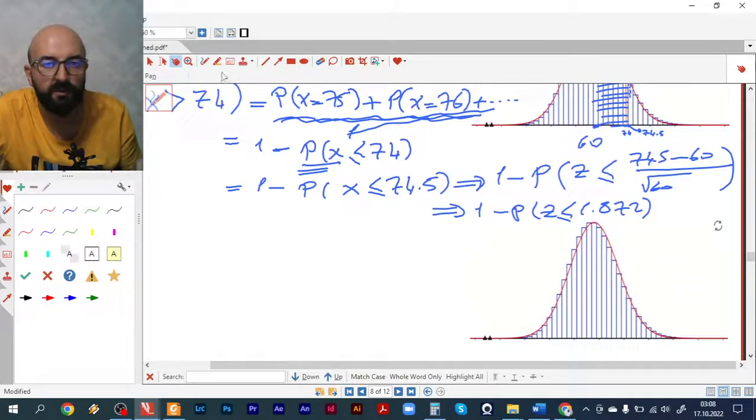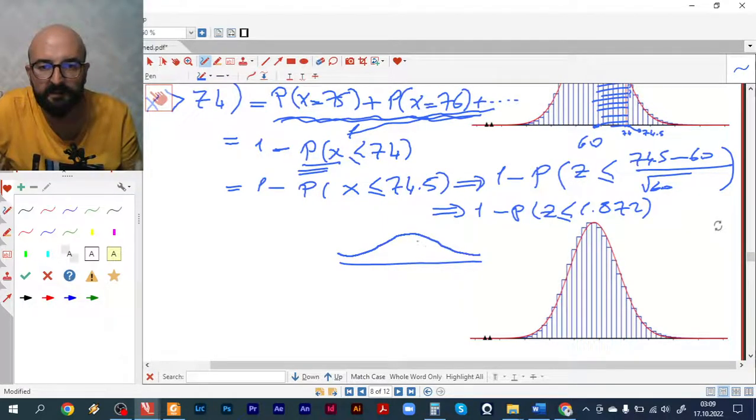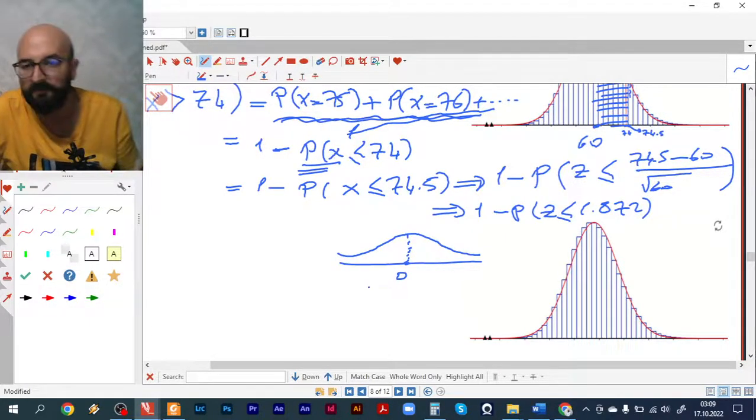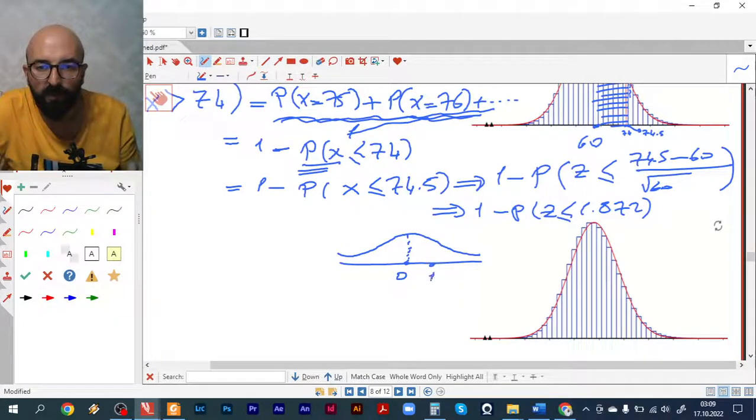If you draw the normal distribution curve, the middle of the curve is z equals 0. 1.872 means less than or equal to 1.872, which is the big area.